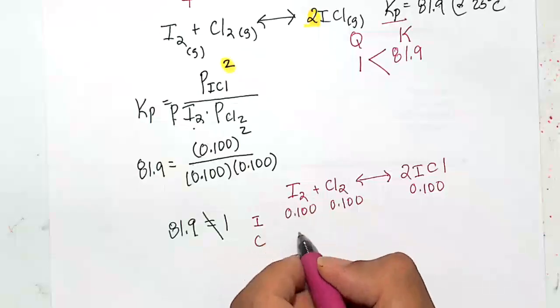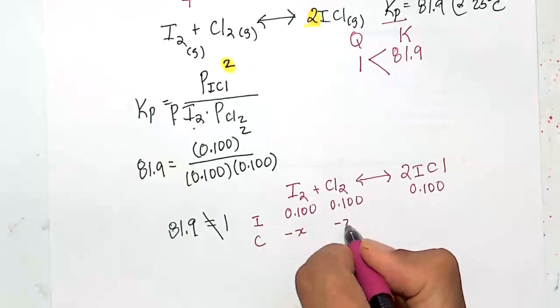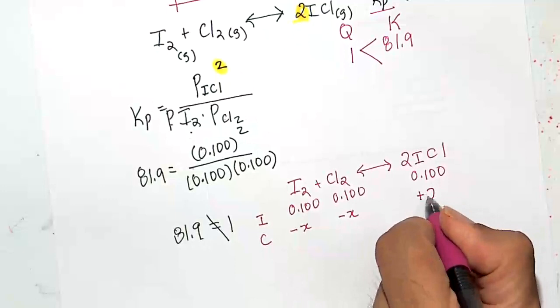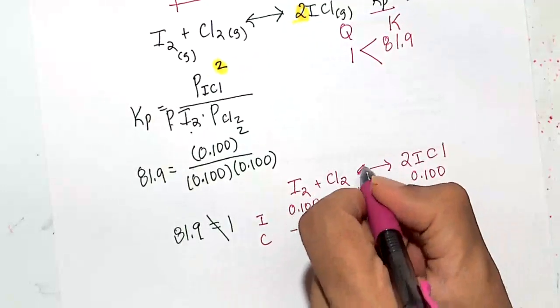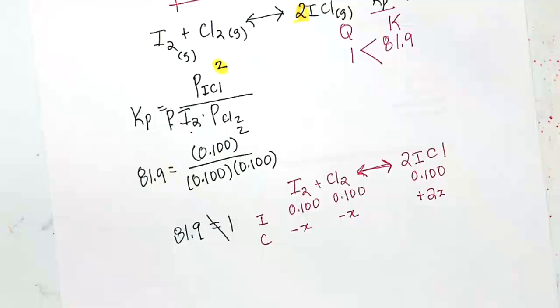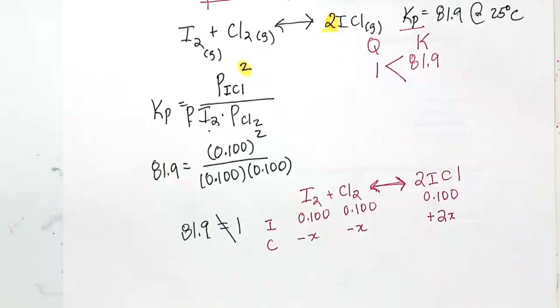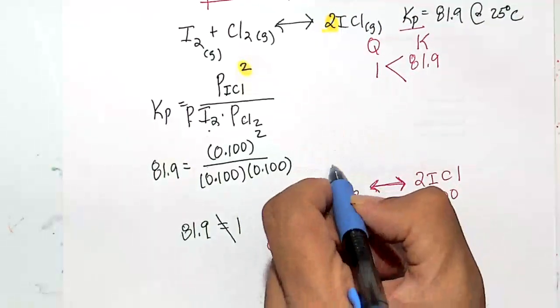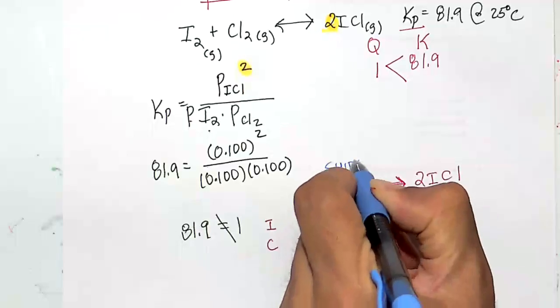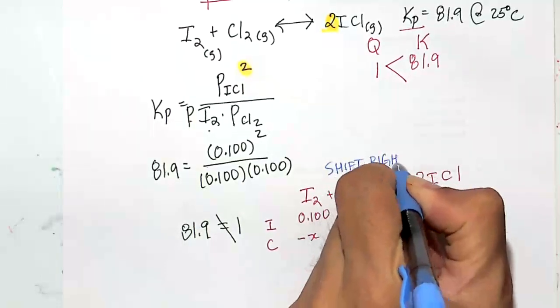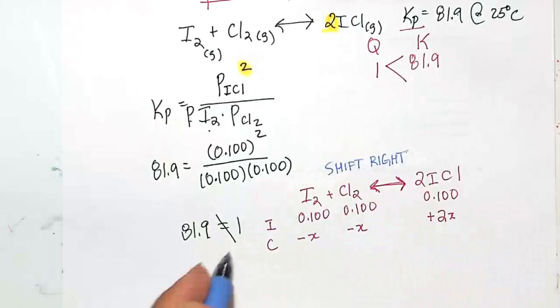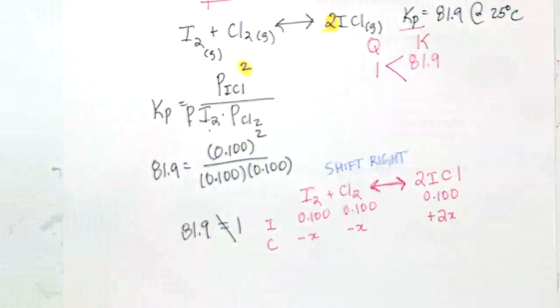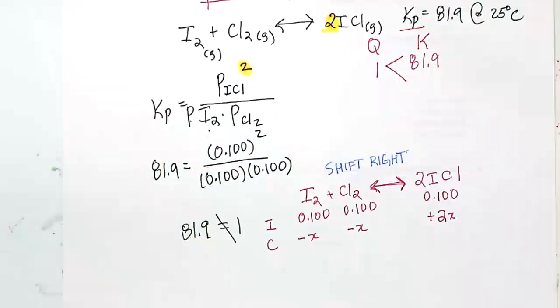It's going to shift to the right, so this is going to be minus x, minus x, and plus 2x. We're not at equilibrium. What will it need to do to get to equilibrium? Shift to the right. Put Q first. The alligator jaws are pointing to the right, which is the product side.